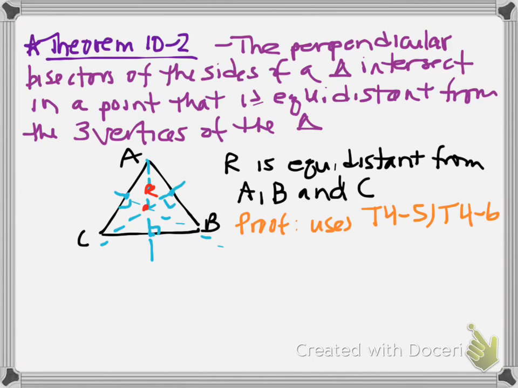Then we have, let's see, we talked about angle bisectors, perpendicular bisectors, so the only one we haven't talked about is altitudes. So that's the next one. Theorem 10.3.